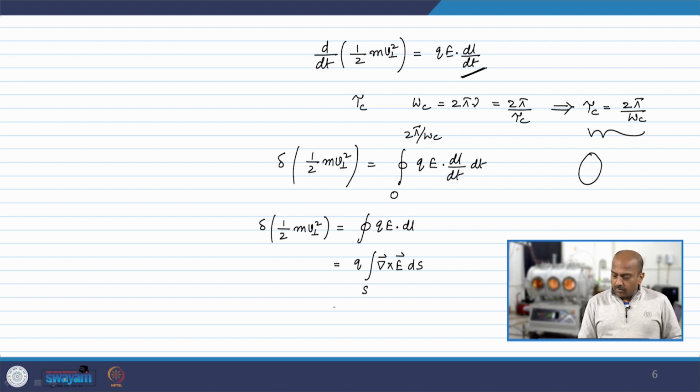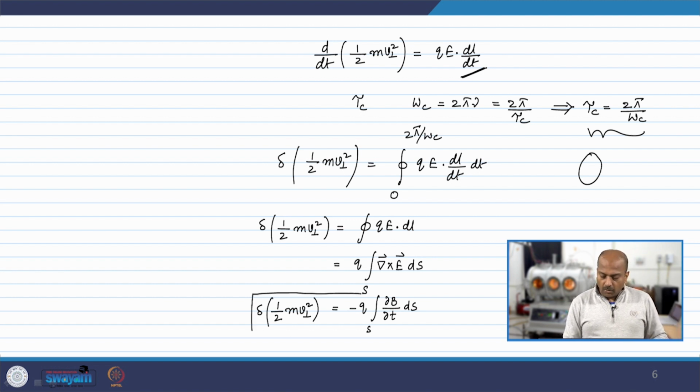And from the Maxwell equation, we know del cross E is equal to minus dou B by dou t. So, using that, q times the integral over a surface of dou B by dou t dS. All of this is equal to delta of half m V perpendicular square.